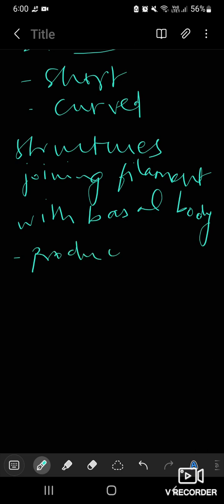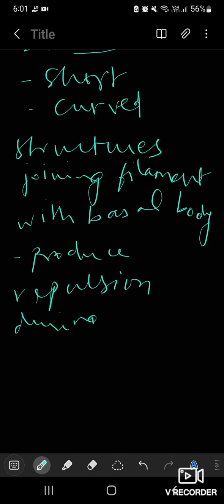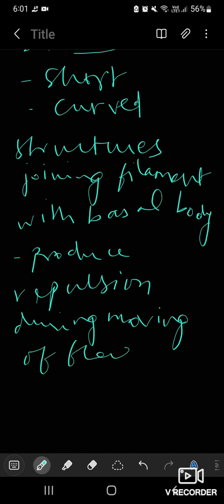They produce repulsion during moving of flagella.